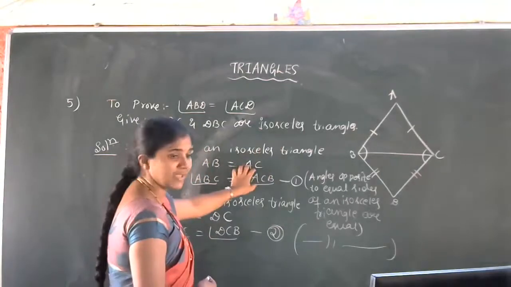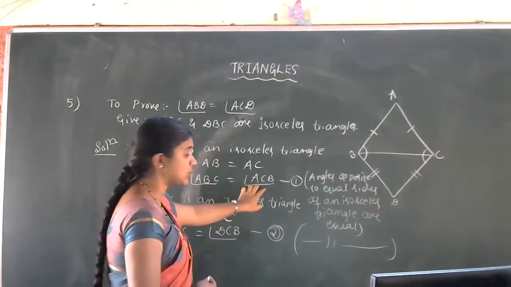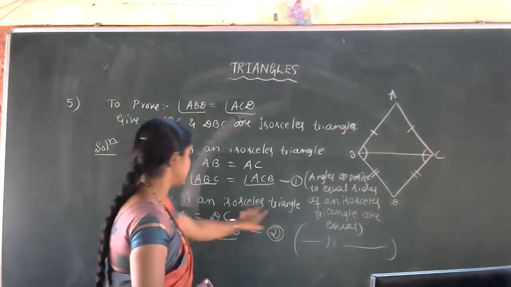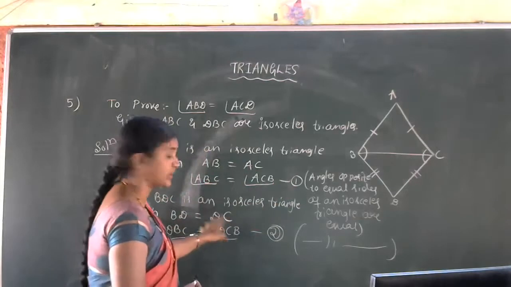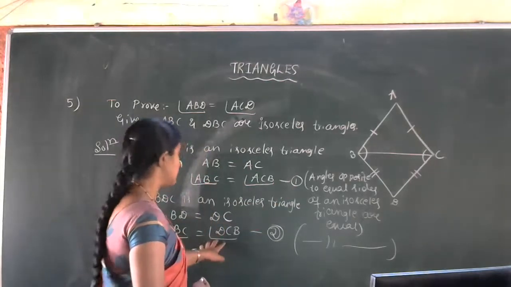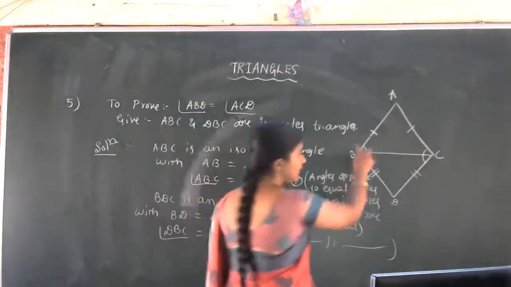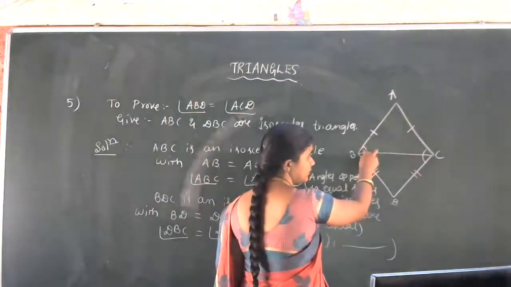Listen carefully. Already given in triangle ABC, AB is equal to AC. Now when we produce BA up to D, AD length is equal to AB length. From this what can we conclude? Axiom 1: things which are equal to the same thing are equal to one another.